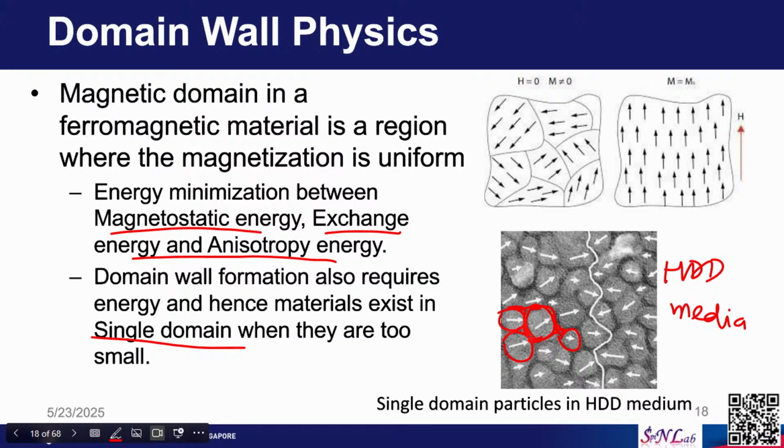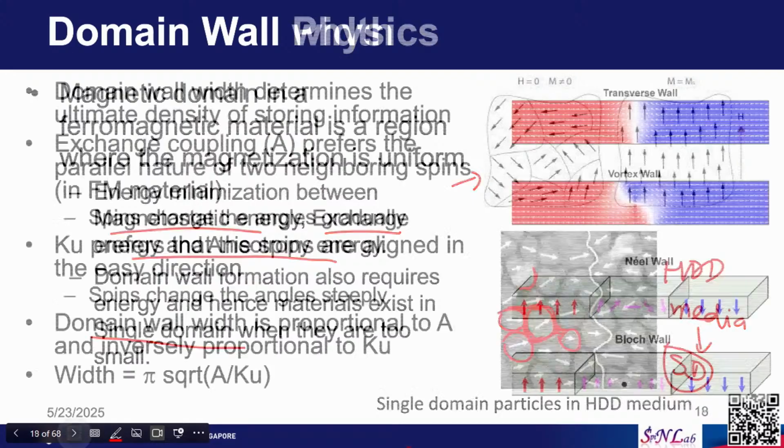So, this system will be in a single domain state. Okay. So, here we use some special techniques to have different composition in the grain and the grain boundary. Because of that, we will get a single domain state. But normally, if you deposit any ferromagnetic film without any special technique, you will have this kind of domains. Okay. So, this is something that we have learnt already.